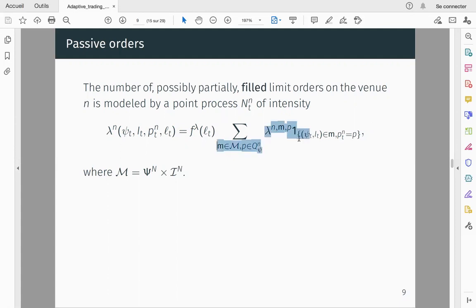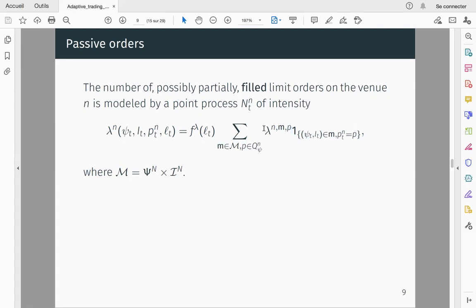The second part, which is right here, is a multi-regime stepwise function. So for a given market state M, for example, if you have two liquidity venues, M could be low spread and low imbalance on the first one, and high spread, high imbalance on the second one, and a limit P right here.